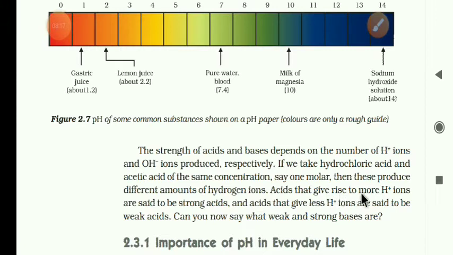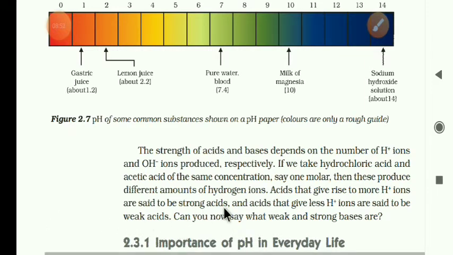Acids that give rise to more H+ ions are said to be strong acids. What are the examples of strong acids? Nitric acid, sulfuric acid and hydrochloric acid. And acids which give fewer H+ ions are said to be weak acids: oxalic acid, sulfurous acid, acetic acid.